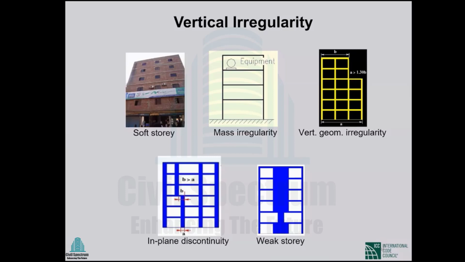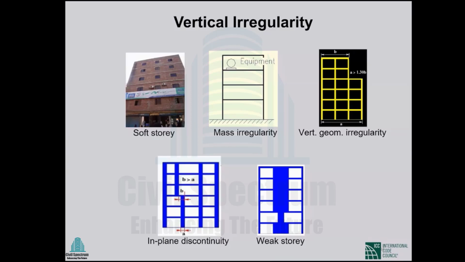I would encourage you to read the code to know the exact number. If a floor stiffness is much less than the floor stiffness of the adjacent floor, then the floor is called soft story.